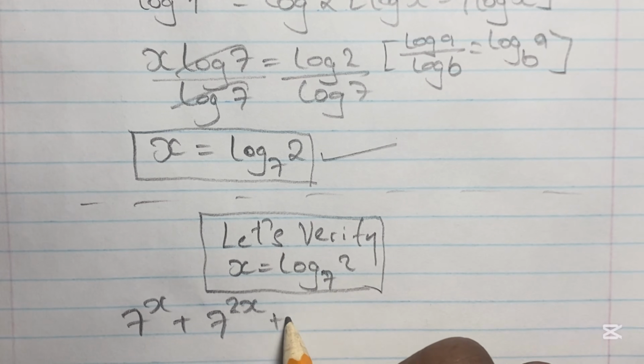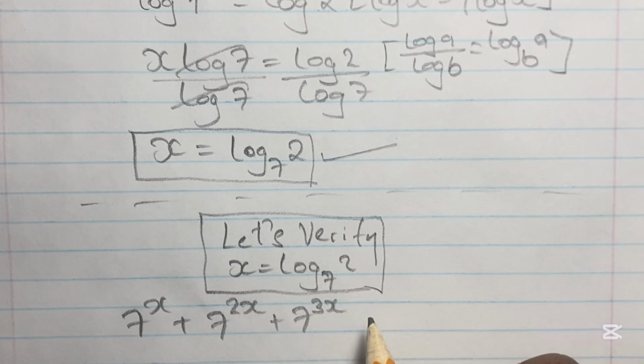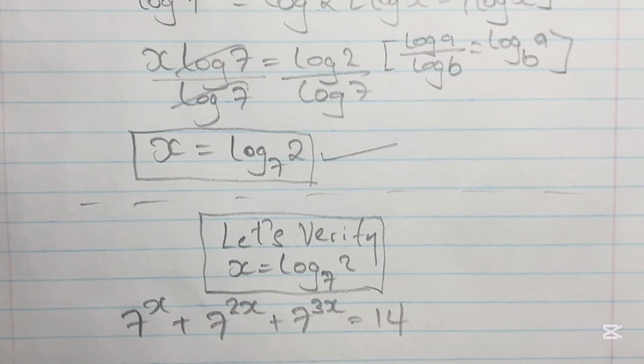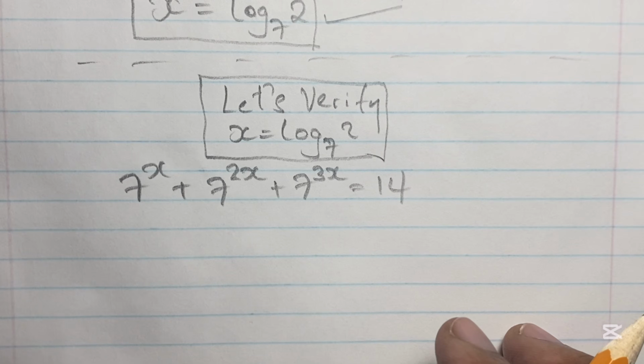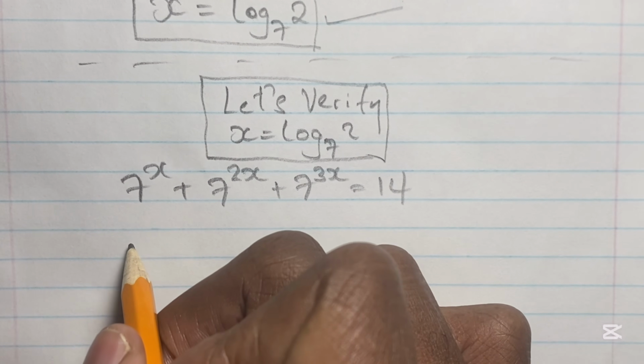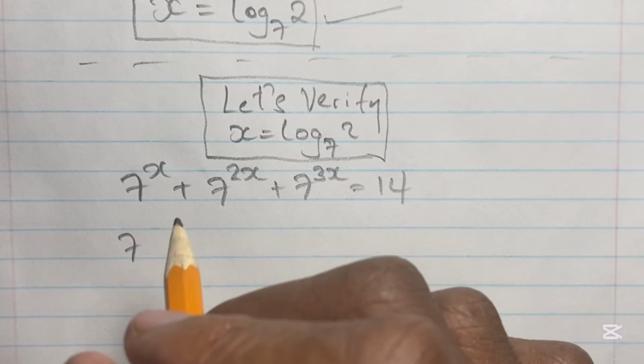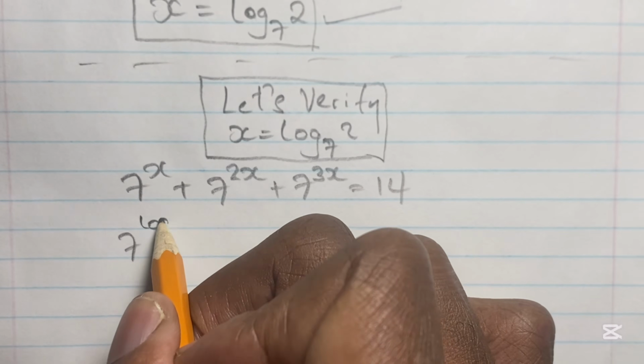So again, we verify this solution by having our equation rewritten. So we'd have 7 to the power of x plus 7 to the power of 2x plus 7 to the power of 3x is equal to 14. Now all that we'll do from here is that we will substitute x for this value here.